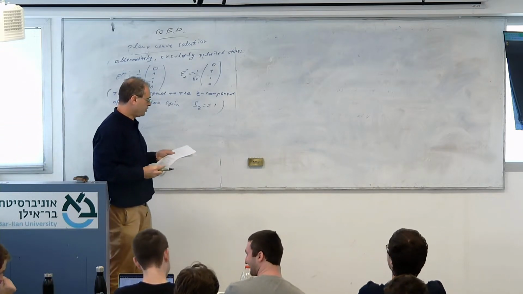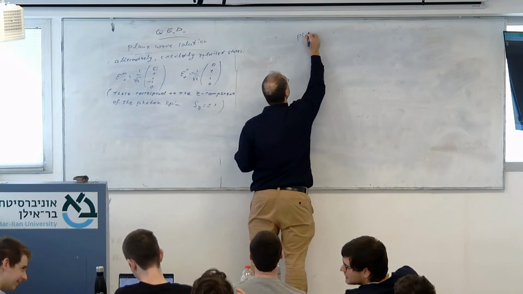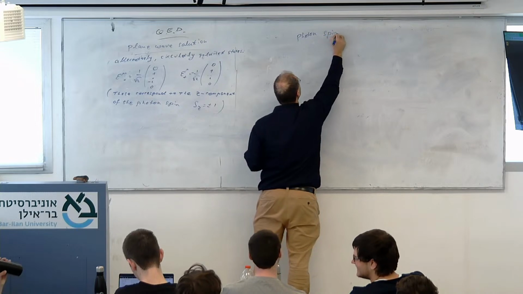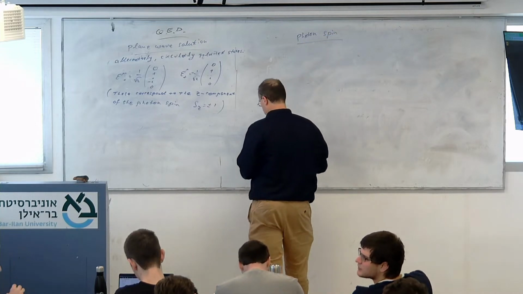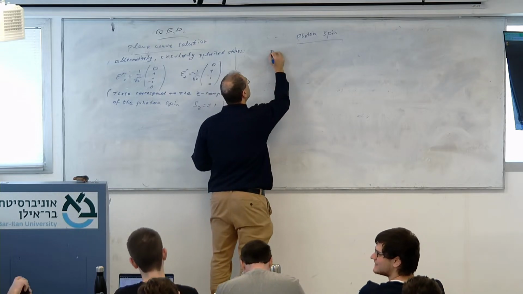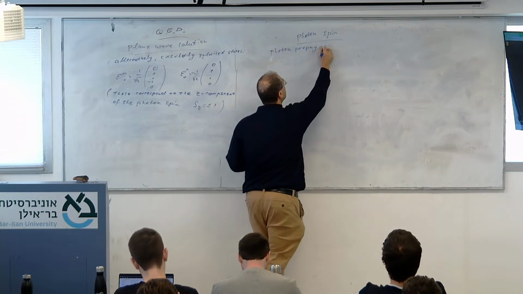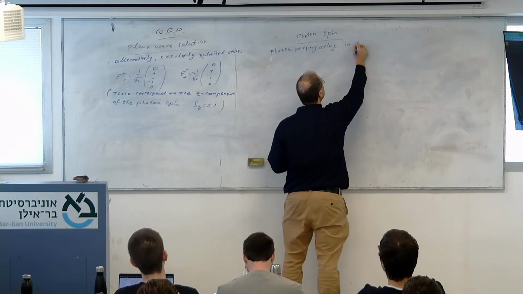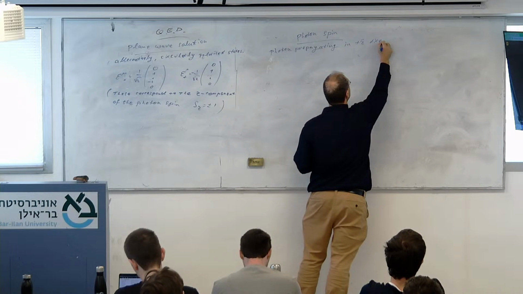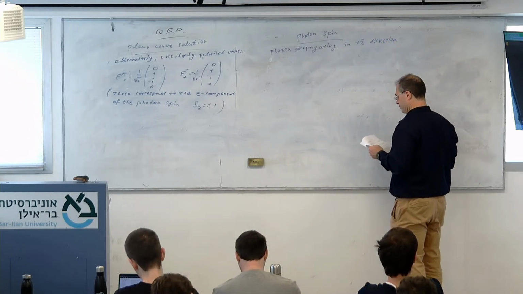So, the general solution, photon spin. The general solution for a photon propagating in the z direction, right?